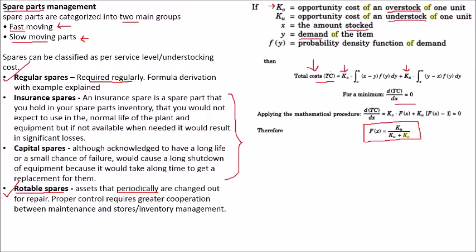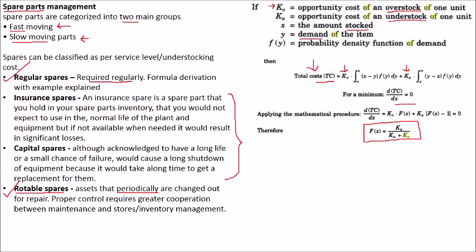So you land up in a formula, Ku divided by Ku plus Ko. You know what Ku and Ko are, so you can find it. They may give values in an objective question and ask you to calculate the service level. So remember guys, have this formula in mind. It is important for objective marks, and you may get 2 objectives out of it.